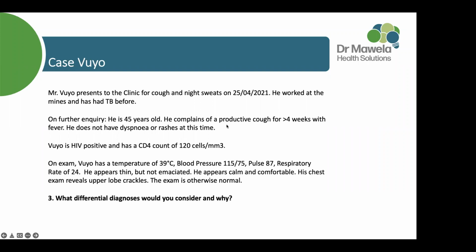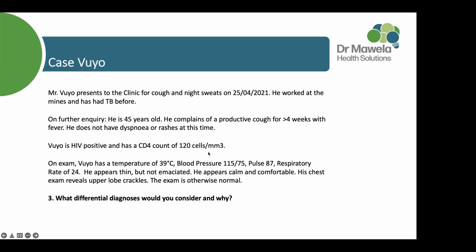So it's quite important to always have a broad view around what could be going on, because sometimes we are so convinced that it's TB. We only do the GeneXpert, but we forget that these patients might be having other infections as well. So I sort of agree with what I see, but with PCP, he would probably be a bit more sick than he is, and PCP rarely presents with night sweats.